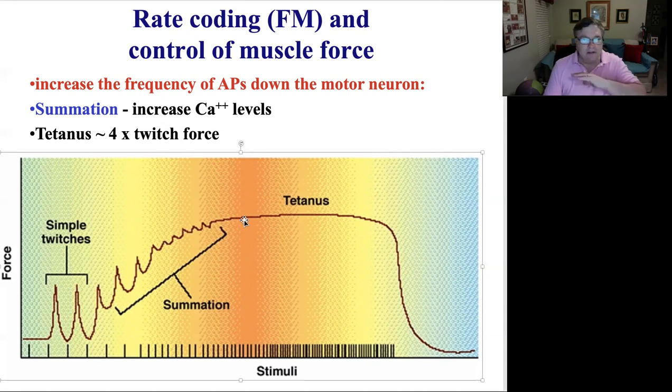Troponin, its binding sites for calcium, each molecule is 4 calcium binding sites, for whatever it's worth for you guys. They get full. And so that means that we've revealed as many actin binding sites for myosin as possible. So that's why you reach tetanus. You've reached the maximum number of cross bridges. You can't produce any more cross bridges. So you've maxed out. That's why you reach tetanus.